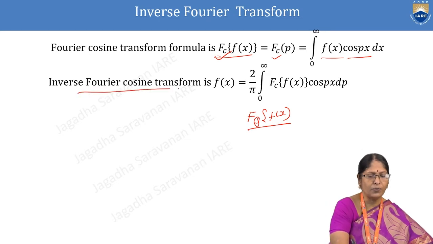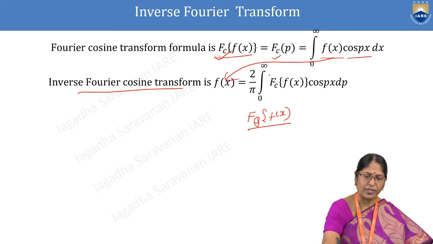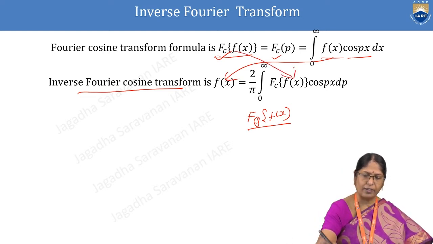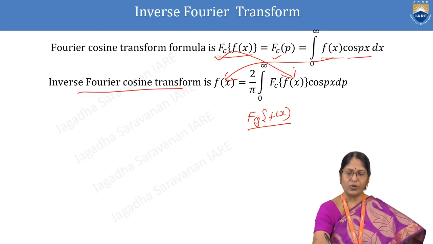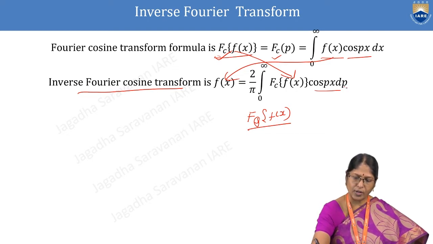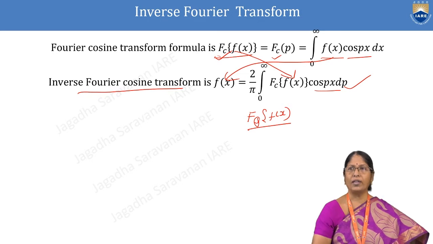For the inverse Fourier cosine transform, f of x comes out, and inside the integral is the Fourier cosine transform multiplied by cos px, integrated with respect to p from 0 to infinity.